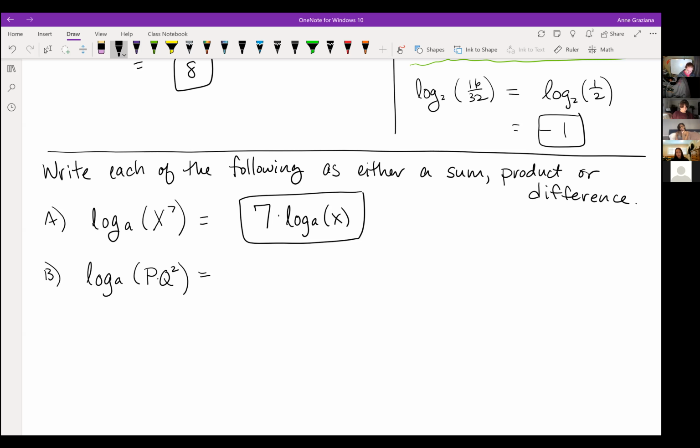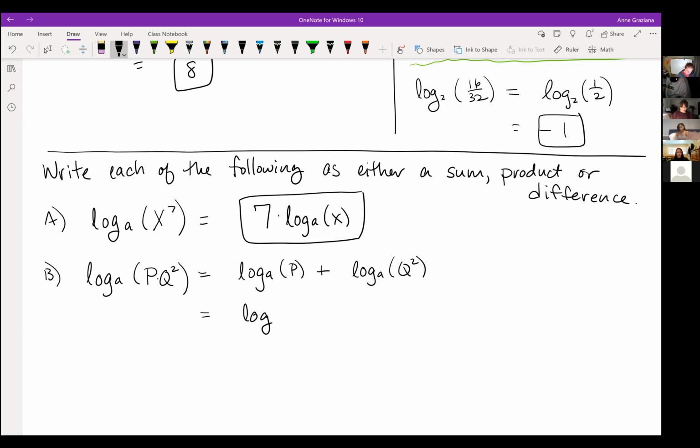So we're going to rewrite this as log base A of P plus log base A of Q squared. So first, break it up into the addition. And then we can take care of that exponent on the Q. I don't want to leave it there because that's not completely written as a sum, product, or difference.